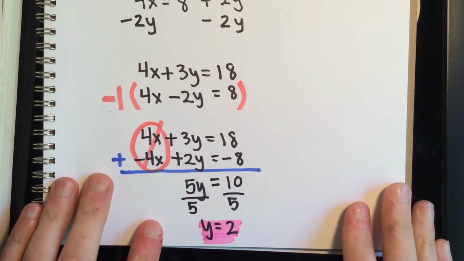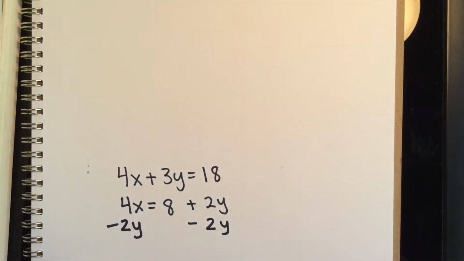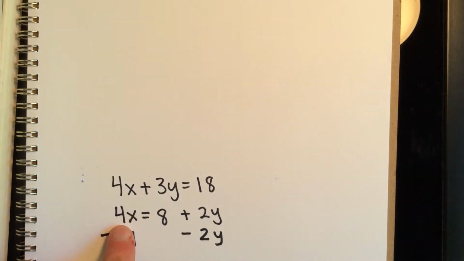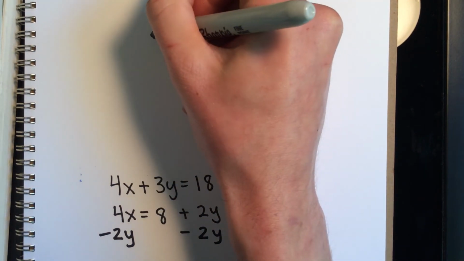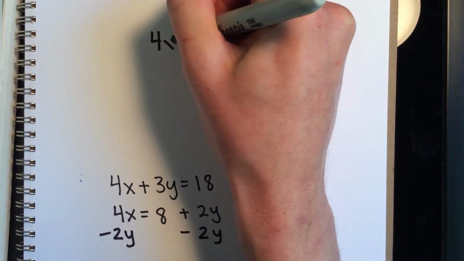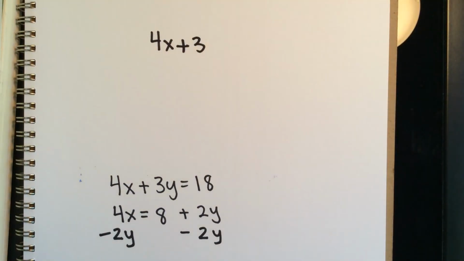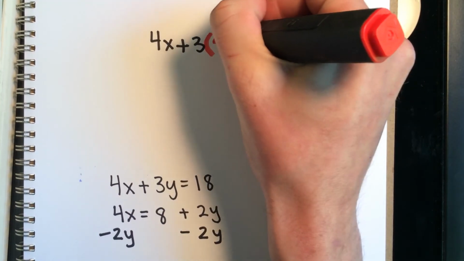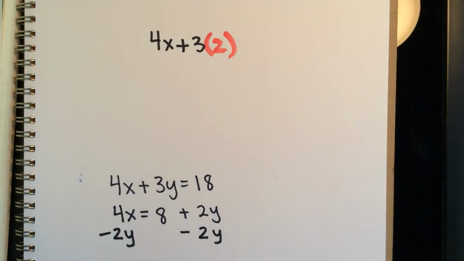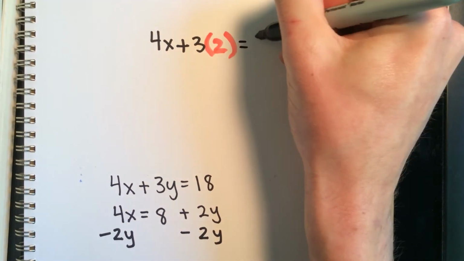So we can pick either of our original equations. I'll just use this top one here, 4x plus 3y equals 18. So up here I'm going to say 4x plus 3, and remember we found out that y was equal to 2, so times 2 equals 18.